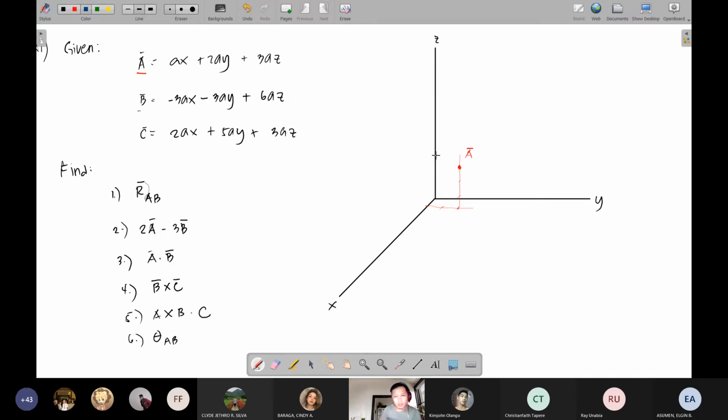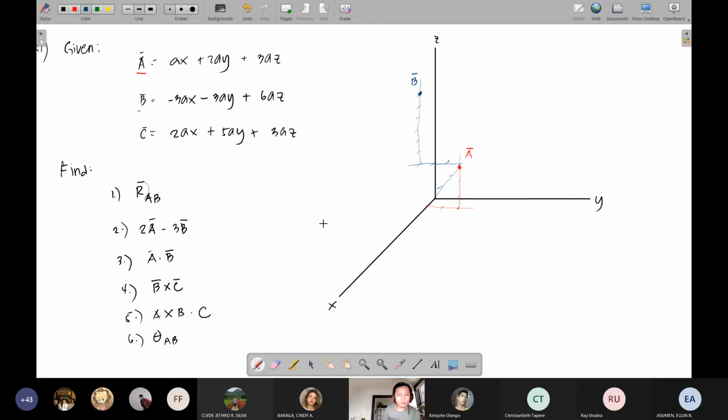Vector B, negative 3ax. Sige, ito yung batong sa likod. Negative 3, 1, 2, 3. And then negative 3ay. Okay. So negative man nga ay. So other side, you have 1, 2, and 3. And then positive 6az. So, positive 6az, padang babaw, 1, 2, 3, 4, 5, 6. So this will be our vector B.